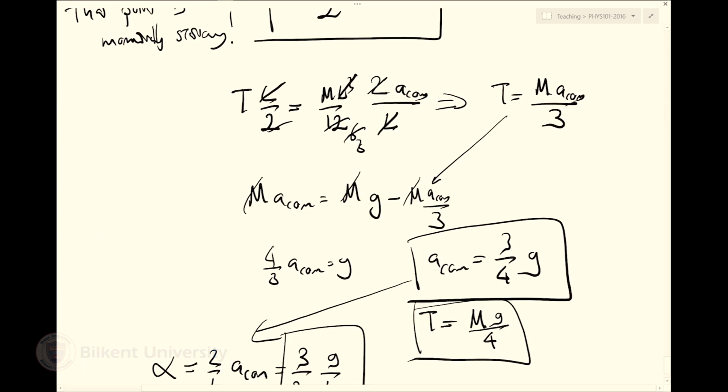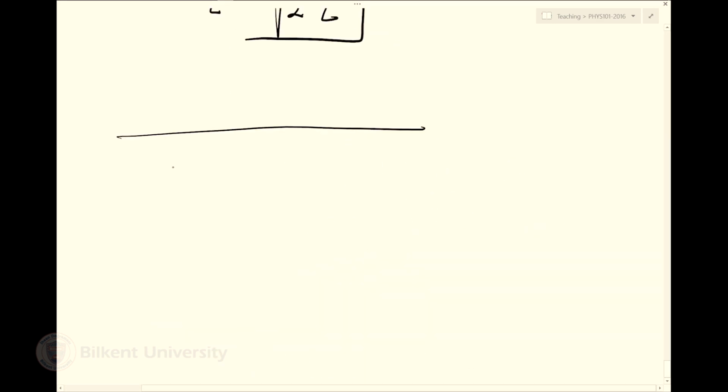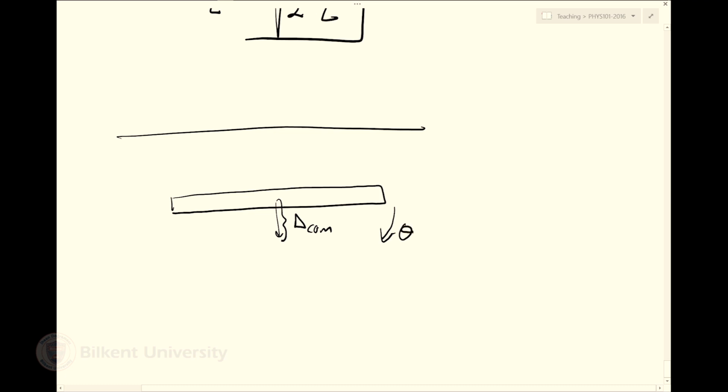So a moment later, I know that this center of mass will move down by a delta, and I will have rotated by an angle theta, right?